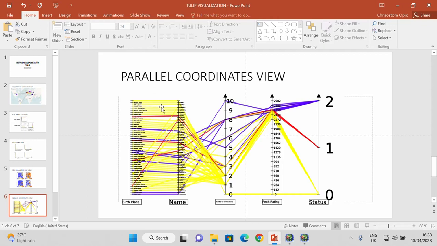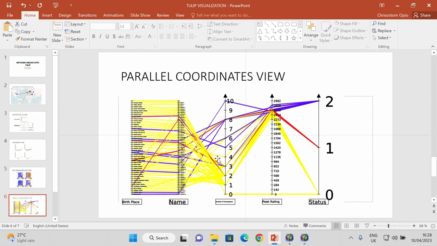If you zoom this representation and you focus on one particular person, it will show you, for example, this is his birthplace, this is his name, and it will show you the number of participations he got, how he's rated, and his status as well.